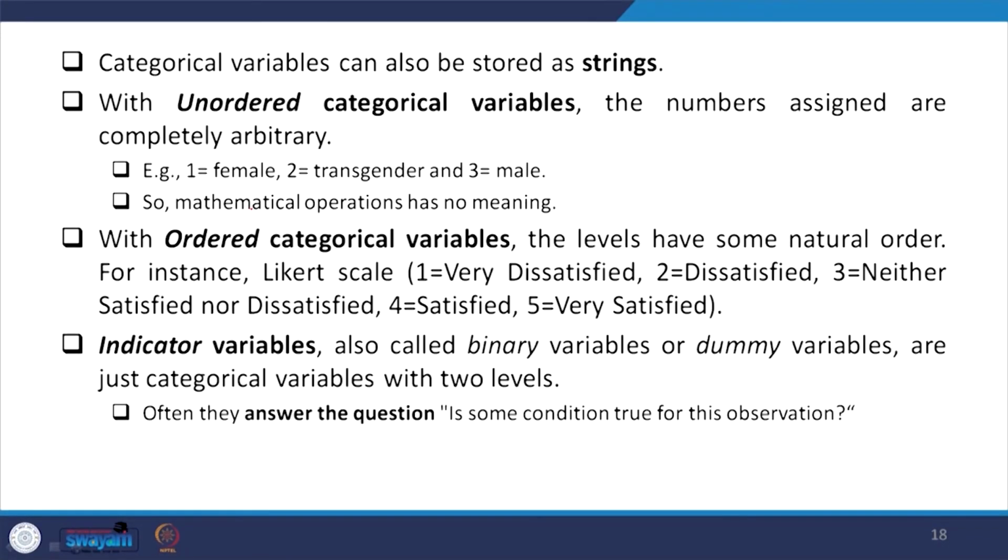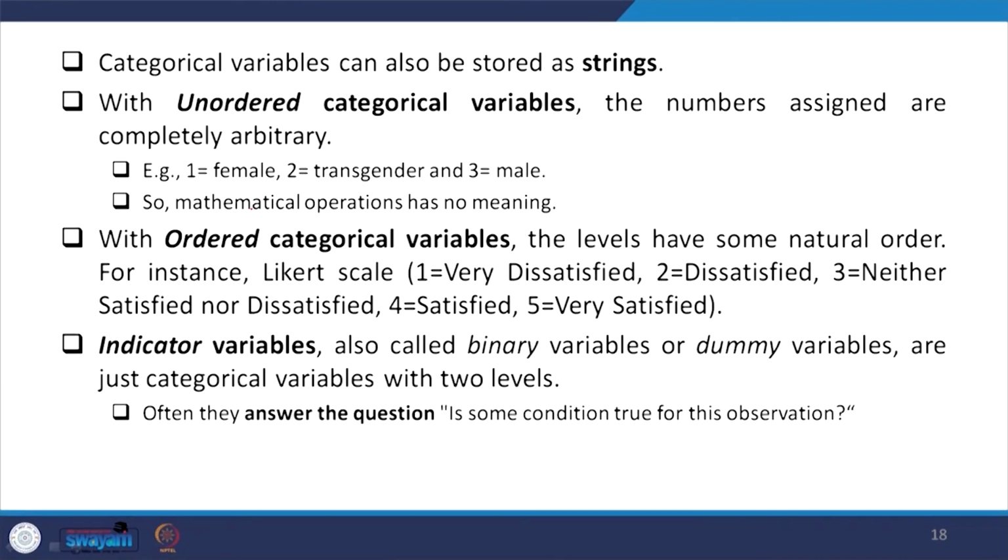With ordered categorical variables, like standard as I told you, or maybe customer care and their ratings, usually on a Likert scale, 5-point Likert scale, 7-point Likert scale, these are in different orders. So far as indicator variables are concerned, they just indicate. If we are asking a question like, are you satisfied with the service, you have to indicate one.